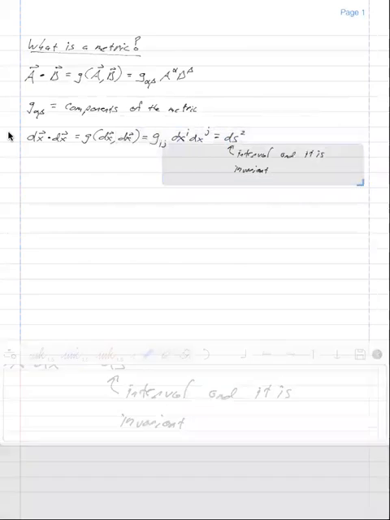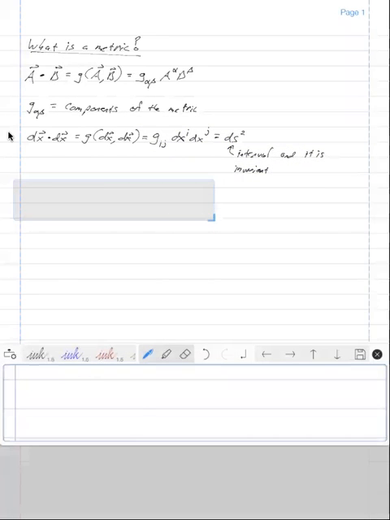Now, the interval has slightly different behavior than what you're used to in just space. When you include both time and space, and you include Einstein's postulates, one, relativity, and two, that the speed of light is the same no matter who is observing it, then this ds squared has some odd behaviors. For example, it can be 0 or it can be less than 0.